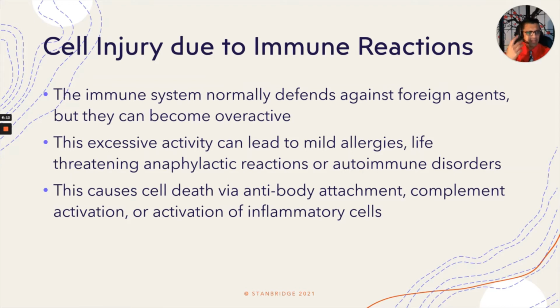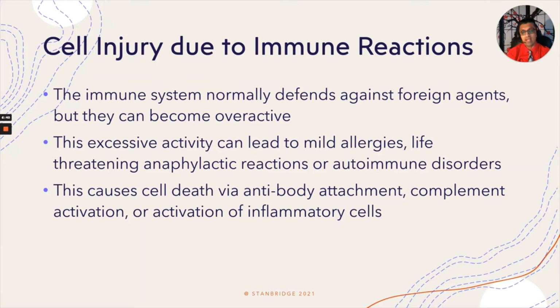And that could be the runny nose, the watery eyes, the itchy eyes, and those are mild allergies. Sometimes you can have severe allergies, and that could be if some kids have peanut allergies or walnut allergies, they can go into anaphylactic shock. So everyone has a various stage. And then if they also have autoimmune disorders like lupus and fibromyalgia, and we'll talk about those a little bit later on, you definitely want to pay attention to that.